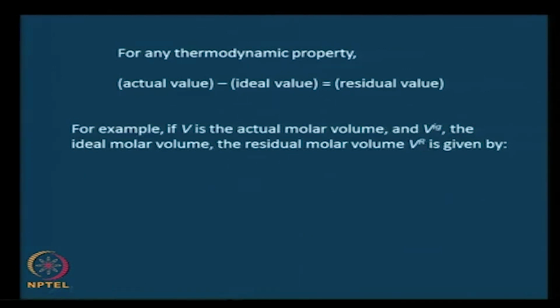To give you an example, if V is the actual molar volume of a substance and V ideal gas, Vig, is the ideal gas molar volume, then the residual molar volume, represented as Vr, is given as the difference between the actual value V and the ideal value Vig.